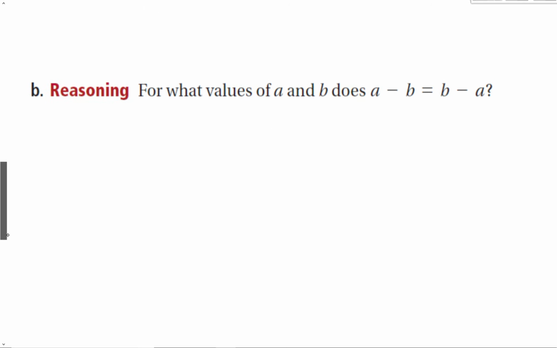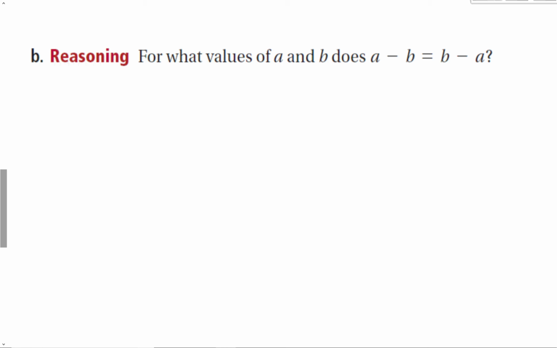This one is interesting. For what values of a and b does a minus b equal b minus a? Well, we know that the commutative property of addition is true, that a plus b is equal to b plus a. So you would think that because addition and subtraction are so closely related that this would be true.